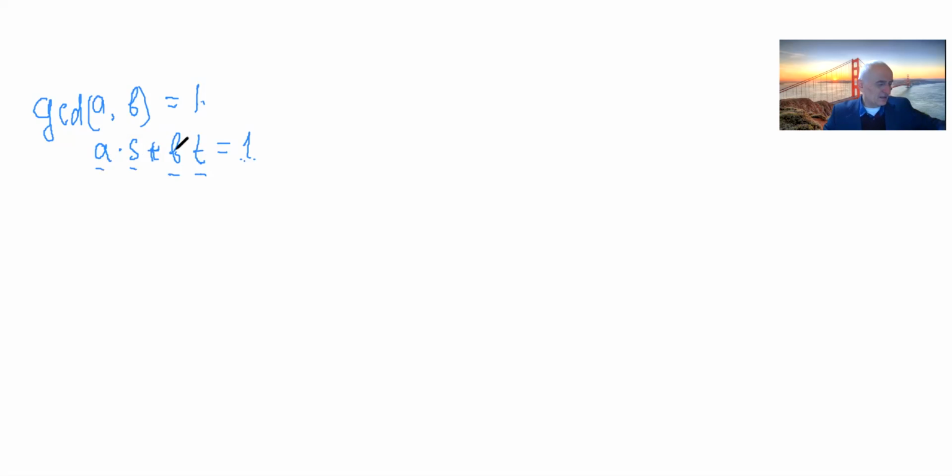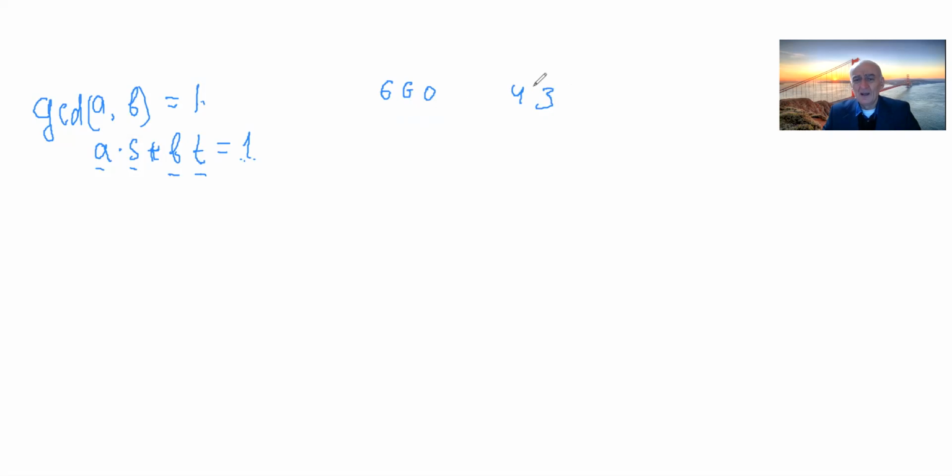Now let's discuss an example. We have two numbers, 360 and 43, and we want to represent 1 as a linear combination of these numbers. You can check that they are relatively prime.